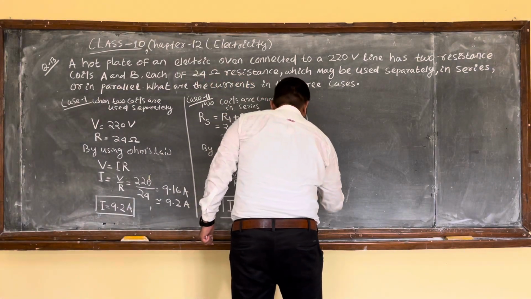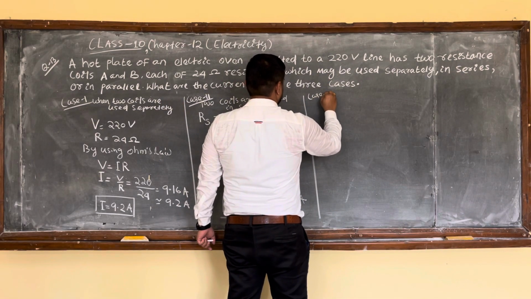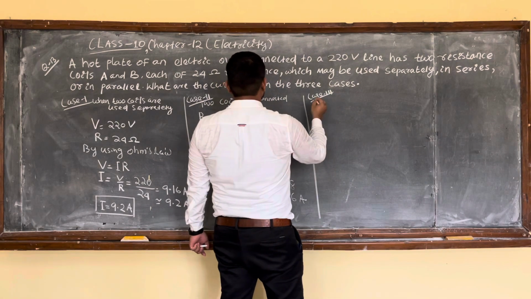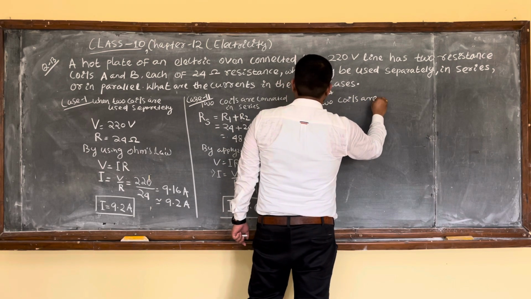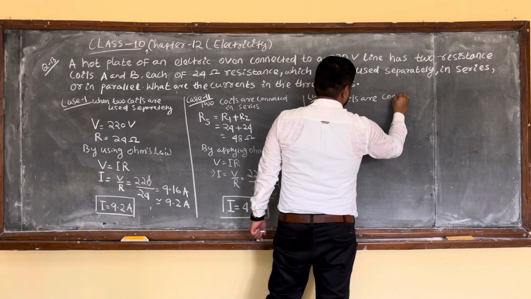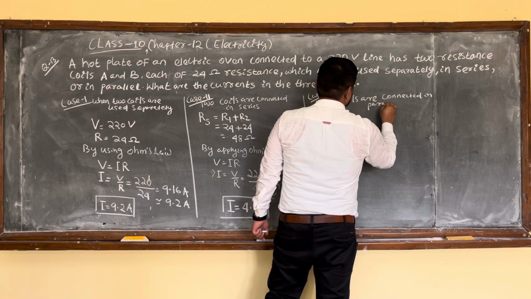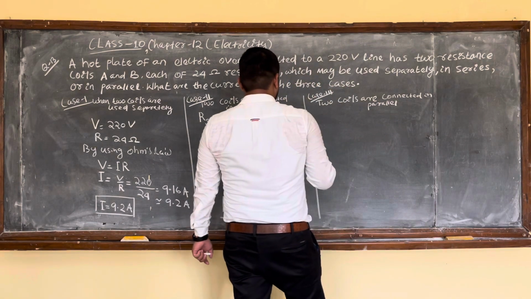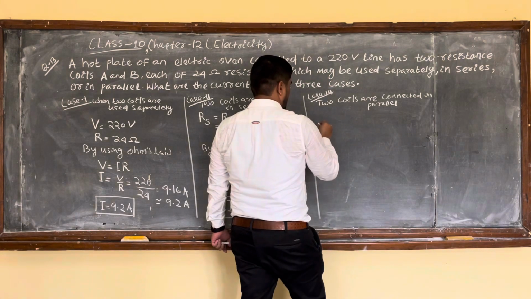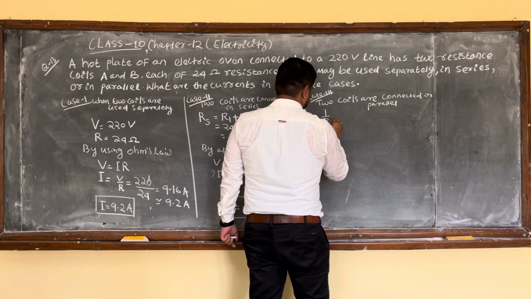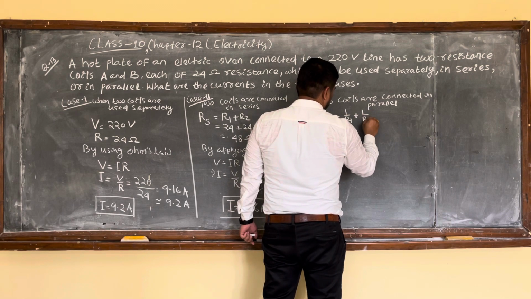And third case, when the two coils are connected in parallel. Here you have to find out the net resistance when the two coils are connected in parallel, and the formula is 1 divided by Rp equals 1 divided by R1 plus 1 divided by R2.